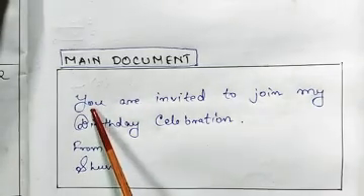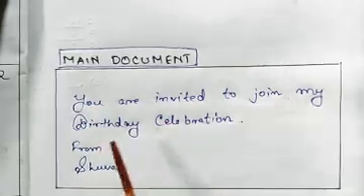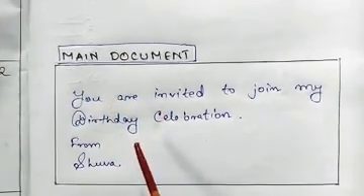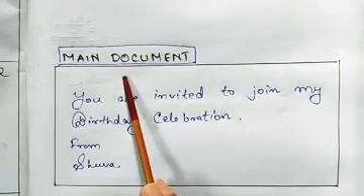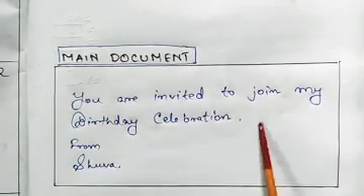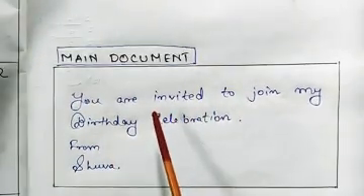So this is the letter where I am inviting some friends. You are invited to join my birthday celebration, from my name given. But I have not written to whom I am sending this, because it is only the main letter. Now this is written separately.